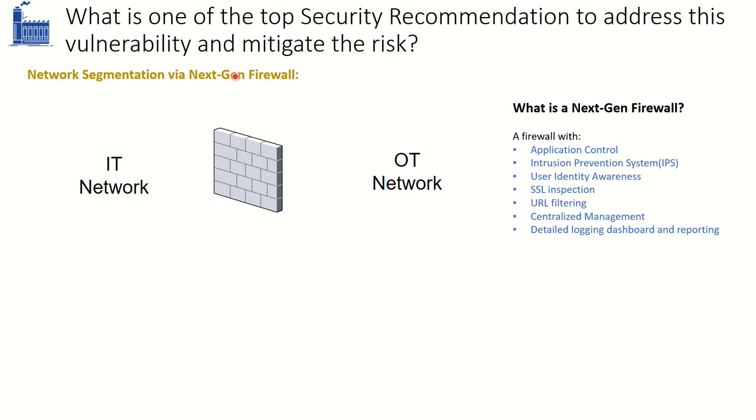So that is the reason having a next generation firewall between the IT and the OT network is very important, so that any traffic that travels from the IT network to the OT network and from the OT network to the IT network gets inspected, and only if there is a rule in place will that traffic be allowed.